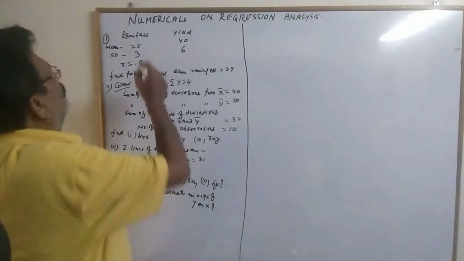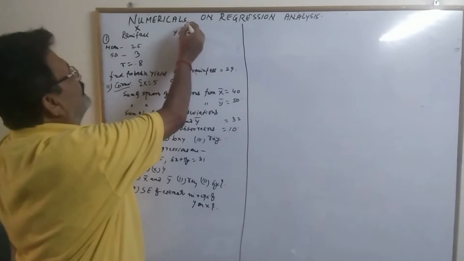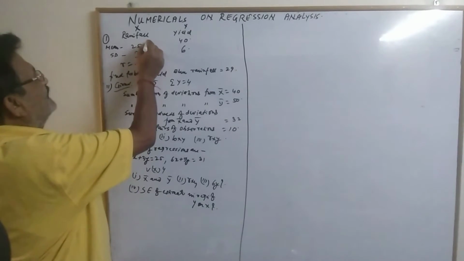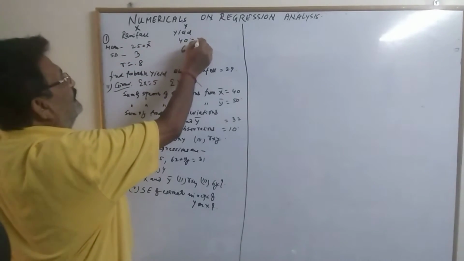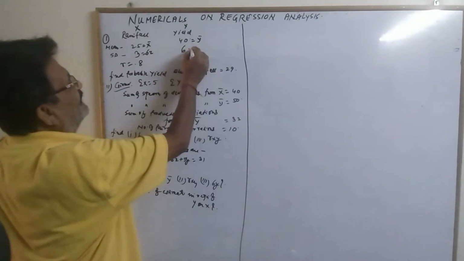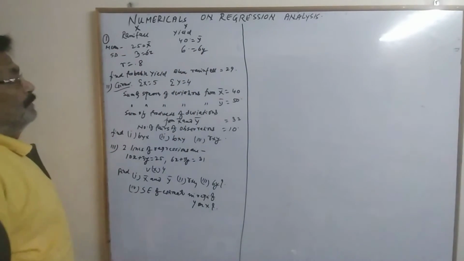When solving, give names to these two variables, x and y. So this is x bar, this is y bar, this is the standard deviation of x, this is the standard deviation of y, and it is rxy.